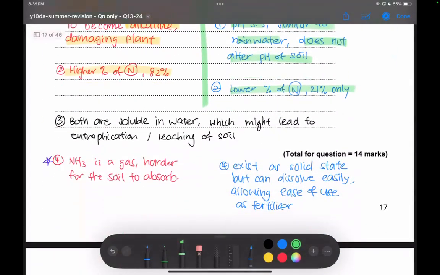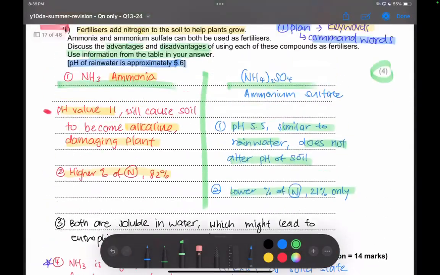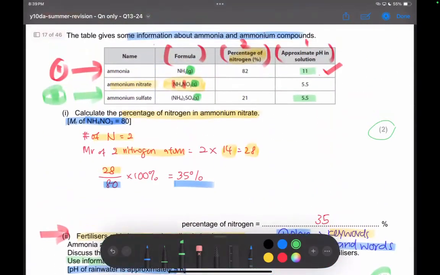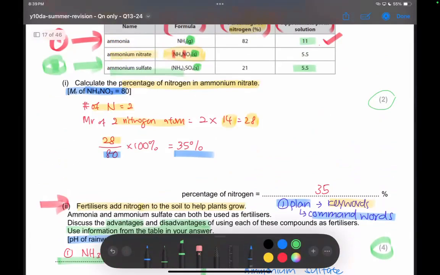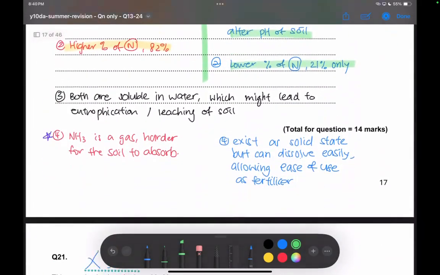And then next thing here, you can look at the state symbol. You see that ammonia is a gas, whereas ammonium sulfate here is a solid. And all ammonium salts, when you learn this in final year, are highly soluble. So you can easily dissolve them.